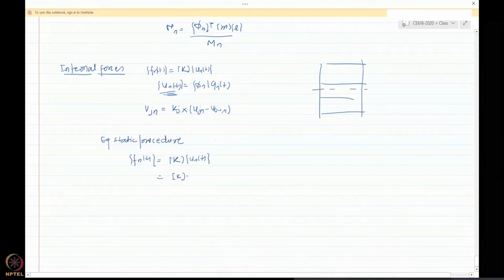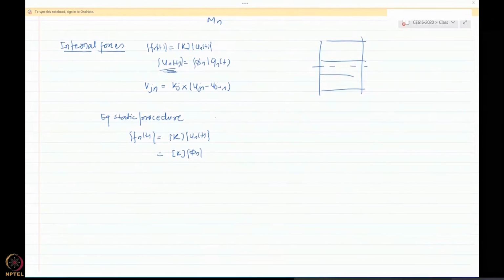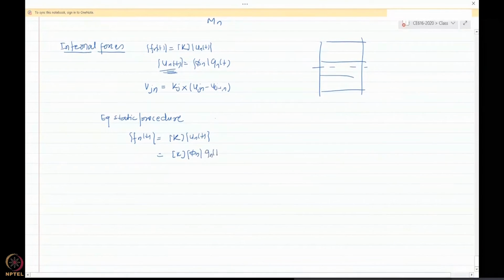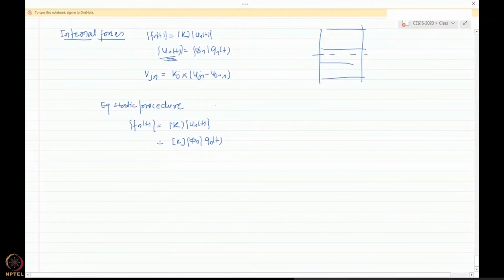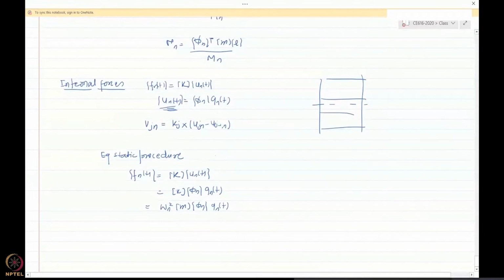So K times un is equal to K phi n times qnt here, and K phi n is nothing but omega n squared times mass times phi n times qnt. Now either you can leave it at this point or you can further simplify it, by utilizing this expression that we had derived here.